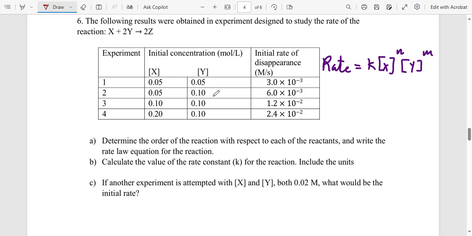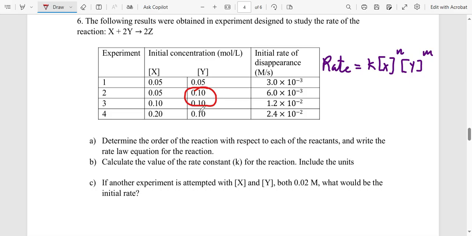So in this case, you can use two ways. I can find the value of n and m by just looking at these constants or these numbers. If you compare equation 2 and equation 3, can you see that for equation 2 and equation 3, this one is constant, right? So it will cancel.